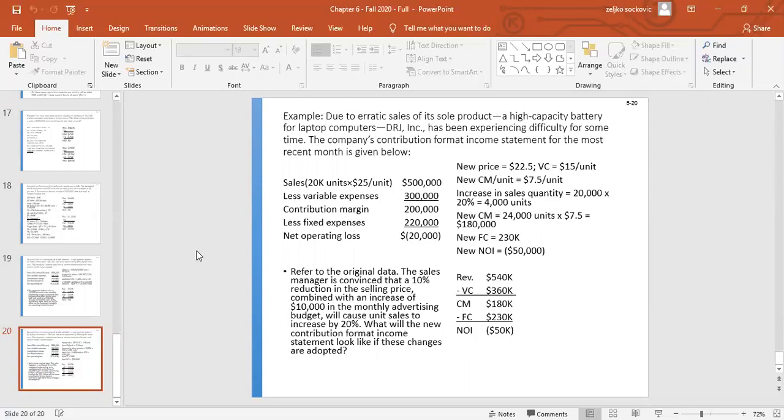Okay, any questions before we jump to maybe a couple of exercises? Everybody good? Can you go back to the slide with the fixed cost?